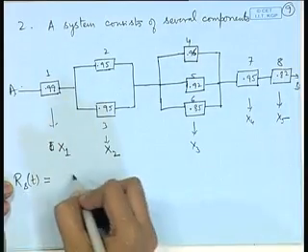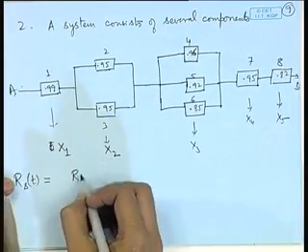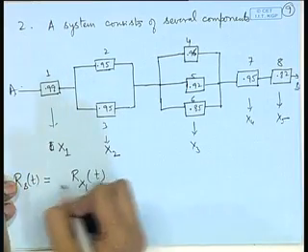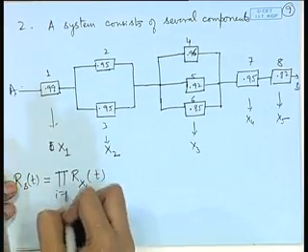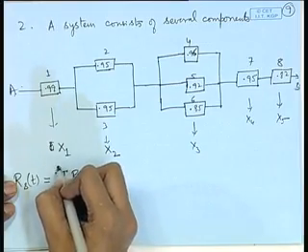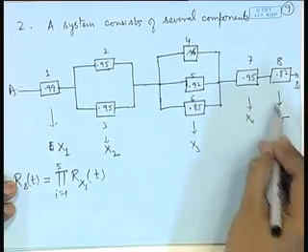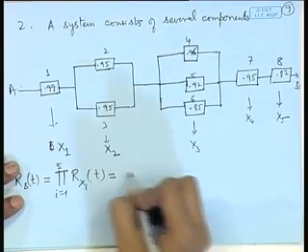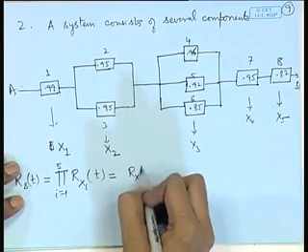So, it will be the reliability of the Xi-th system, i equal to 1 to 5, systems which are connected in series. So, this one will become equal to R x1 t.